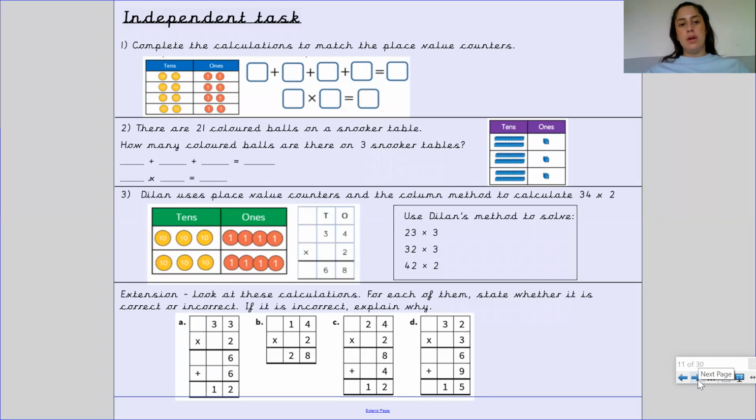Okay, so now it's your turn to complete your independent task. You will be asked to represent this using repeated addition, which we looked at in the first couple of slides. And then you will also be asked to represent this using the column method, which we just looked at in the previous slide.